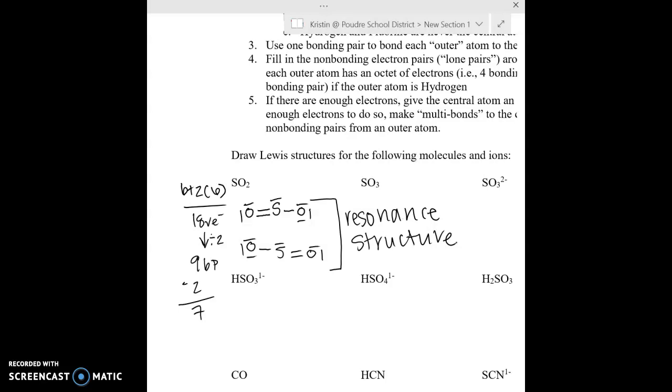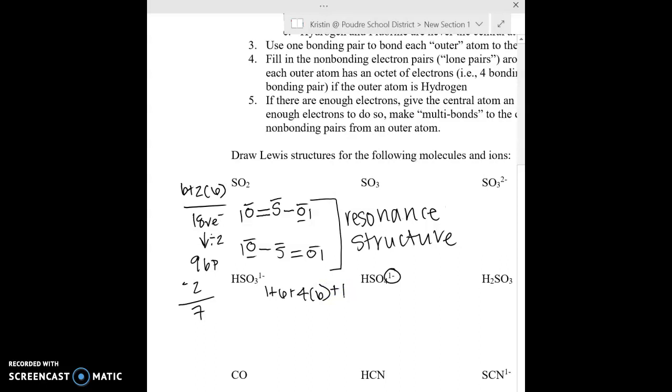So we'll do hydrogen sulfate. First, tally up all our valence electrons. Hydrogen brings 1, sulfur brings 6, each oxygen brings 6. So that's 1 plus 6 plus 4 times 6. Then we have this little bonus electron, so we'll do plus 1.